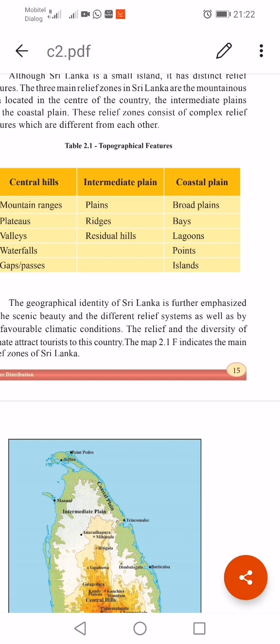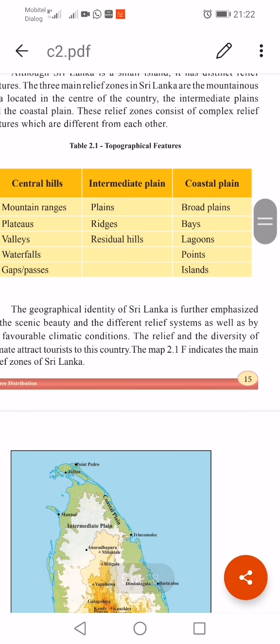And then ridges, right? Ridges also are there, and residual hills, which means Sheshakandu. That means in a flat area there are some mountains to be seen. For example, Retigala I can name as a residual hill.